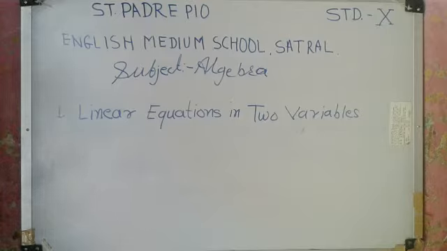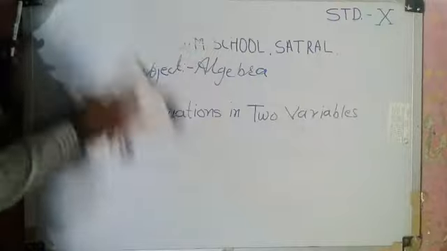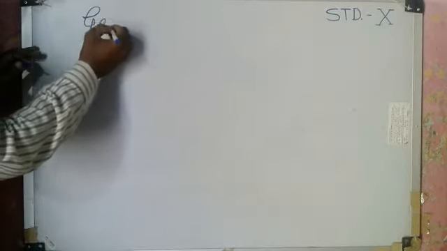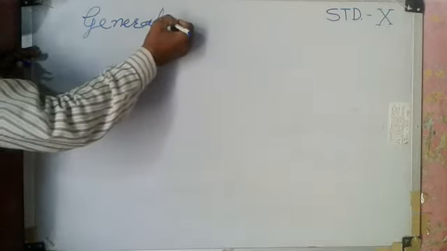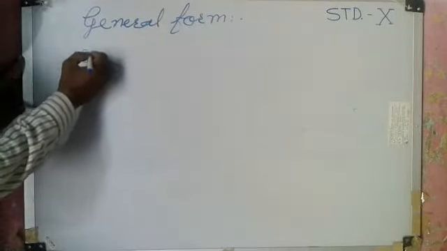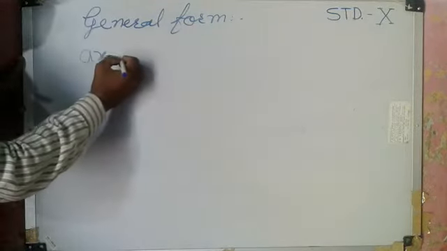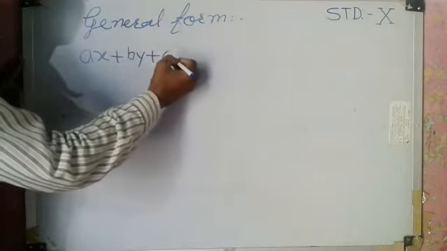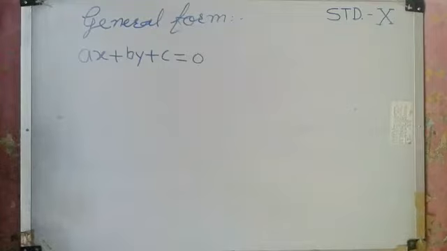Now we will study the general form of a linear equation in two variables. ax plus by plus c is equal to 0.